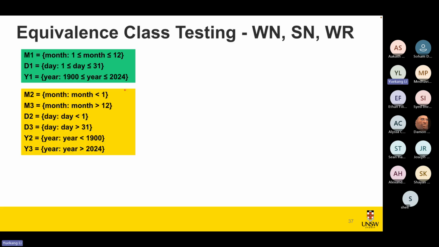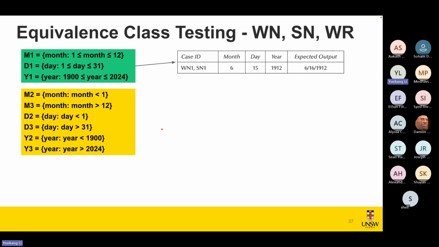And for considering robust cases, we need to think about these invalid equivalence classes. So for weak normal, we can just do this. Do you think that's all for weak normal equivalence class testing? Do you think this is enough?